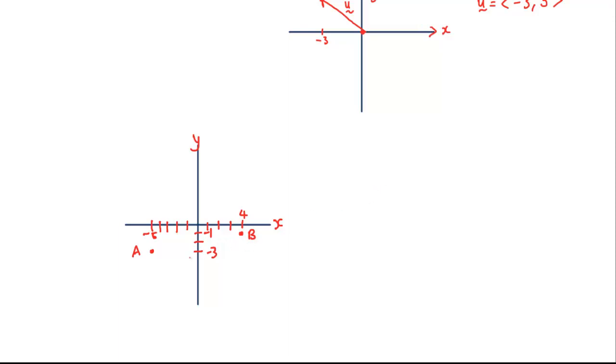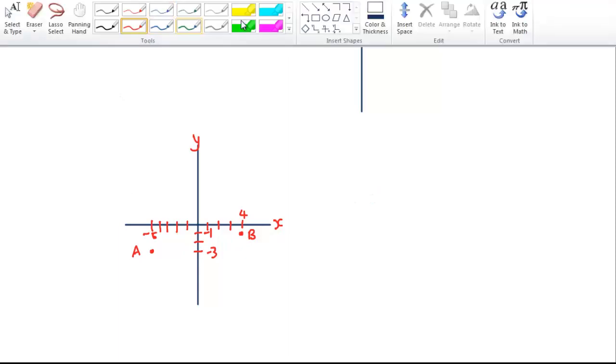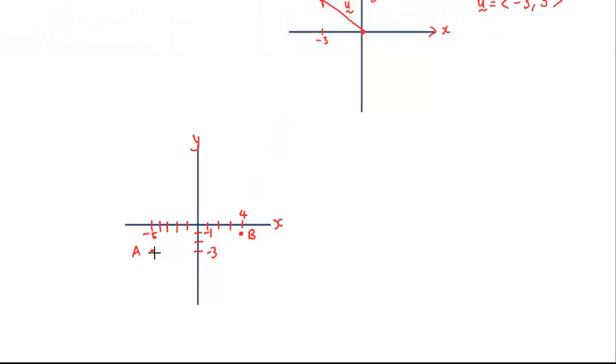Now I want to know what the vector is joining from point A to point B.